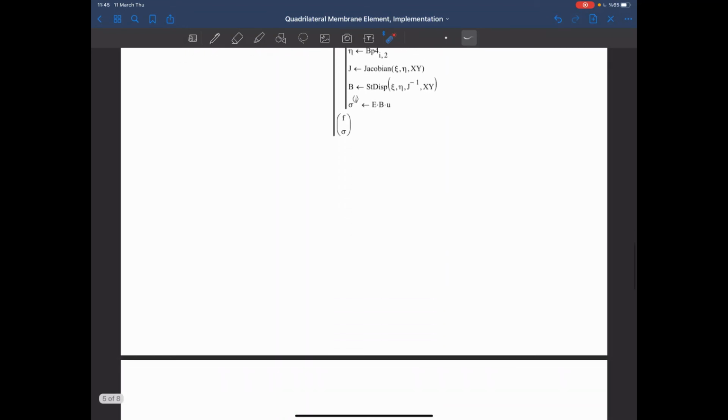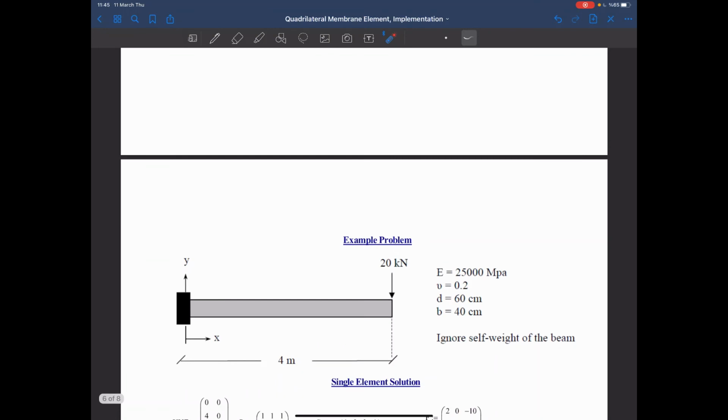So let's solve an example problem. Now that's a cantilever. These are the material and the sectional properties, and let me give you the answer. So the tip displacement is equal to 0.00237 meters if you just ignore the shear deformations.